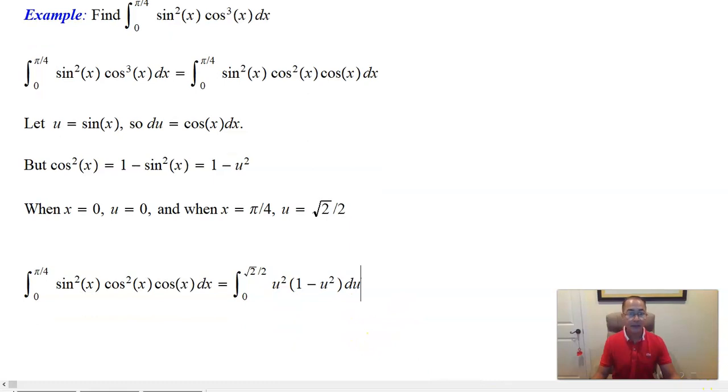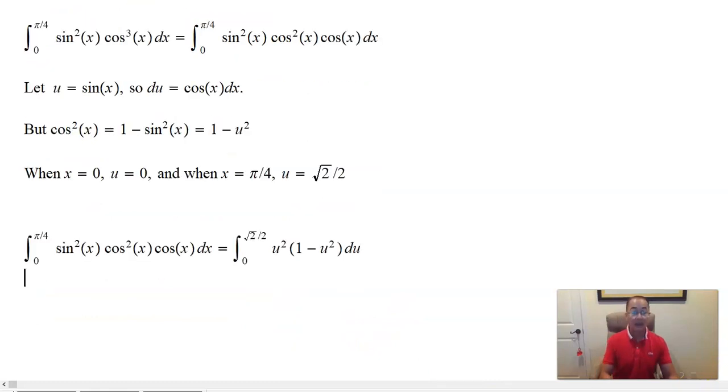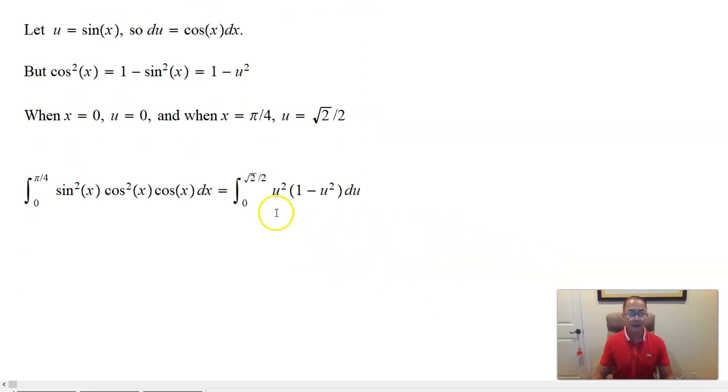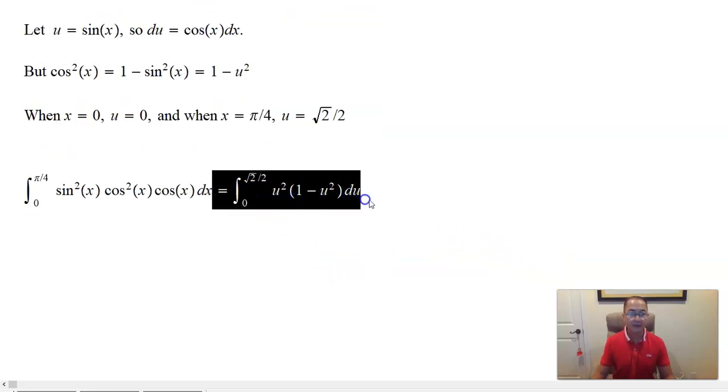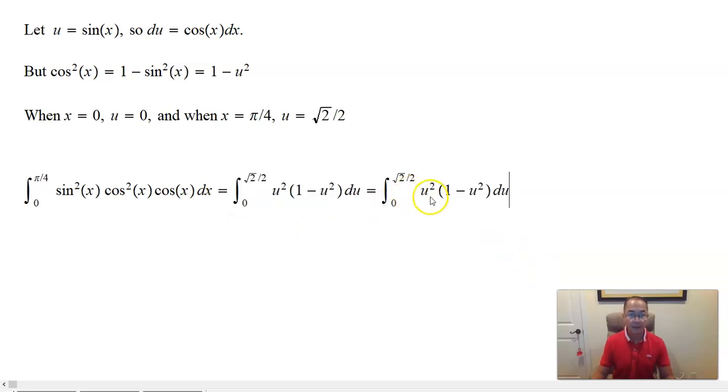Okay, so this is now a simple application of the power rule for antiderivatives, except we should distribute this a little bit. We will distribute the u squared, so 1 becomes u squared, and u squared times u squared is u to the 4th power. Okay, there we go.